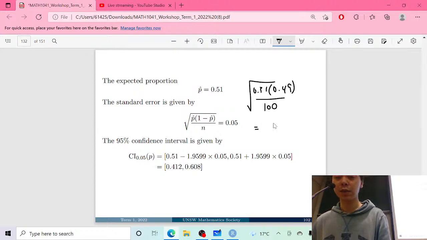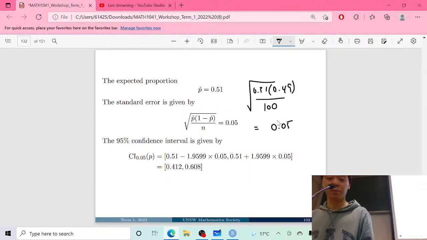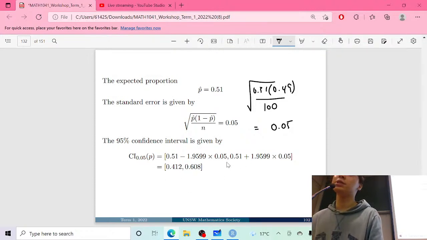If you do the math, you end up getting something like 0.05. So the 95% confidence interval is given by this. You just plug everything into your confidence interval, and then you get the result here. Does that make sense? Cool.